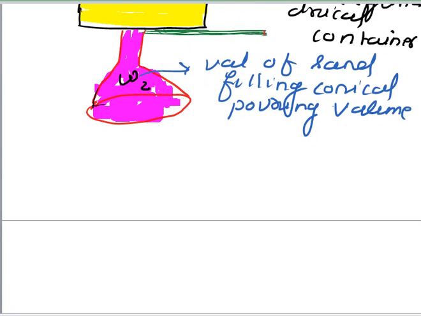Now in the final stage, we place a calibrated container of known volume beneath this pouring cone.